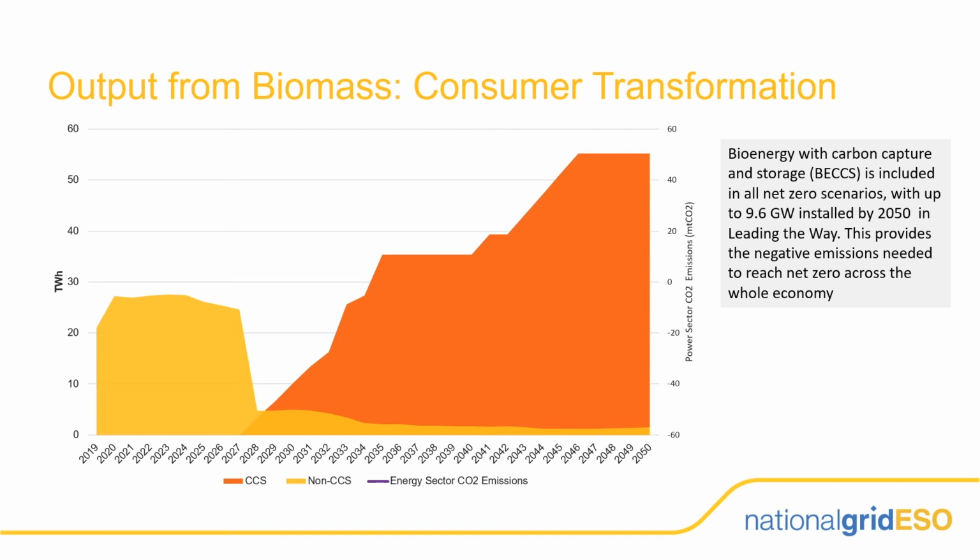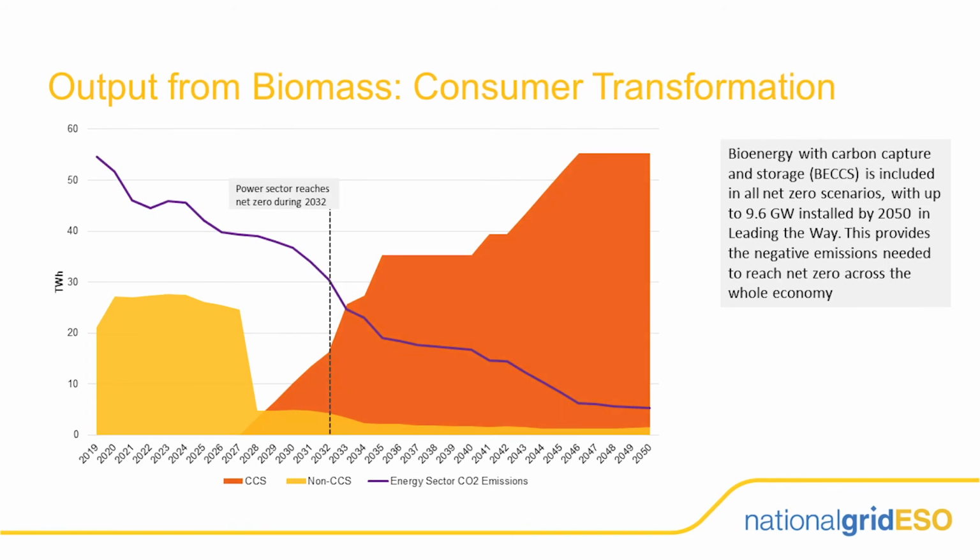Now we can look at the power sector emissions, but to do so, I'm going to first introduce a secondary axis. Note that the 0 point of this second axis is halfway up. And if I bring on the data, we see that the power sector reaches 0 emissions during 2032 in Consumer Transformation.